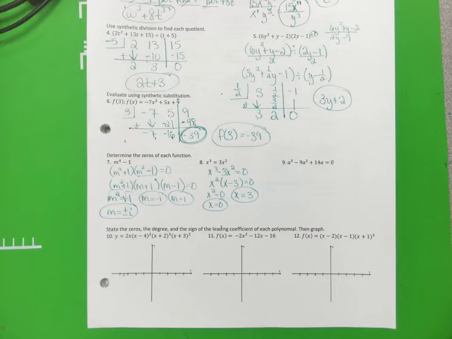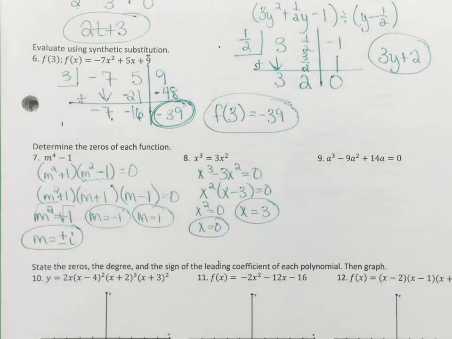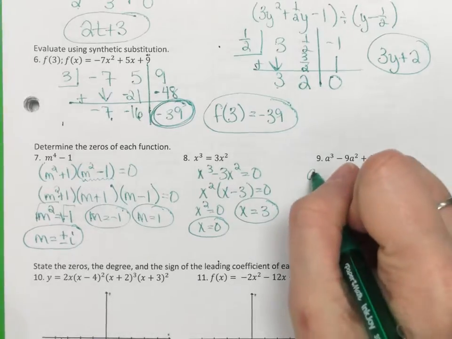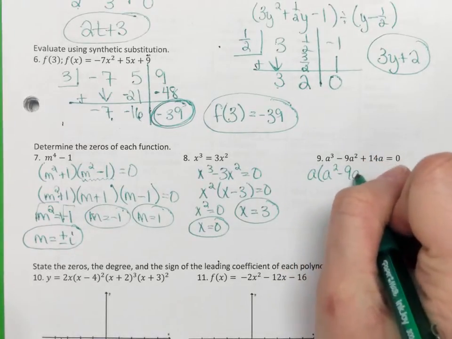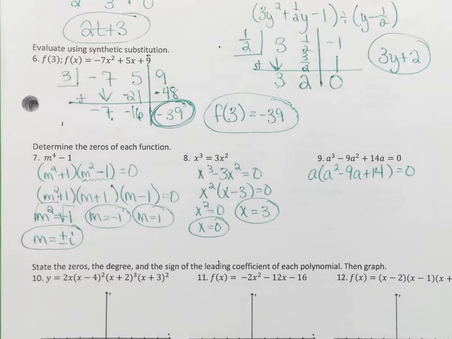Alright guys, y'all ready? How do we start number 9? Factor how? Pull out an A. Very good. So leave me with a squared minus 9a plus 14. Now what could I do?